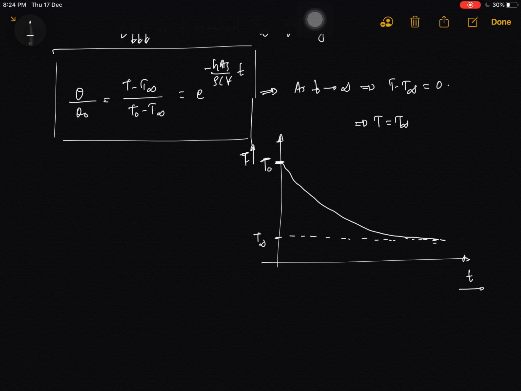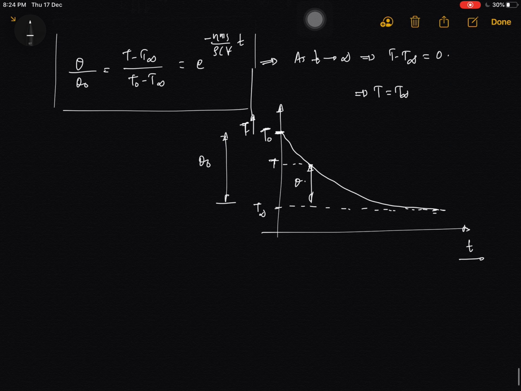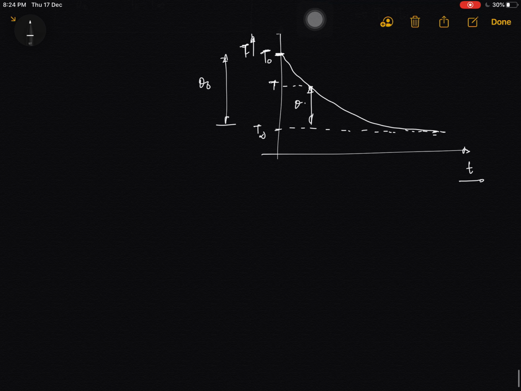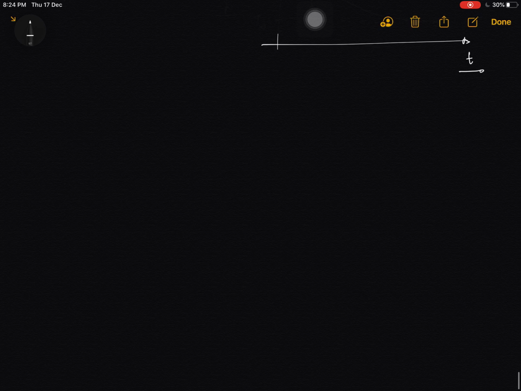So the temperature of the body will reach the temperature of the surrounding in the course of time. The initial difference between the temperatures is theta 0, and for a particular point at temperature T, we can find the theta like this. This is a reference that we can get from this particular equation.